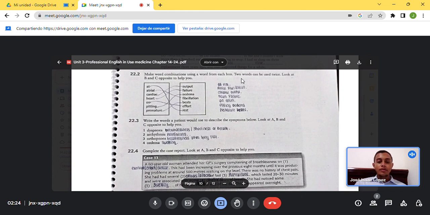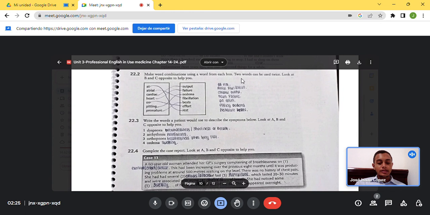Next is on effort, o sea, en esfuerzo. Next, pitting oedema. That means in English a swelling produced by the accumulation of fluid in the tissue.